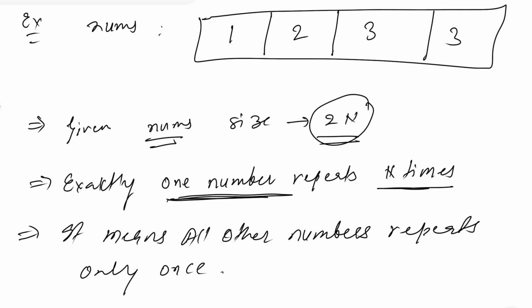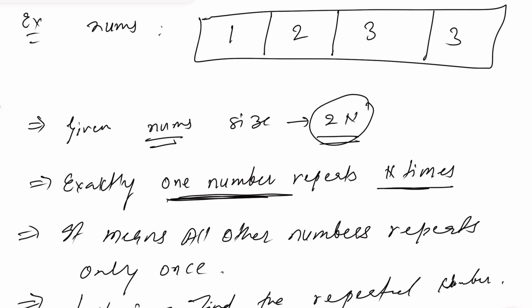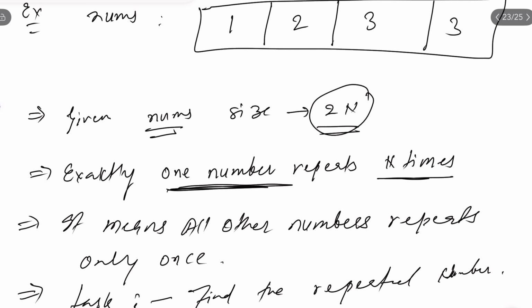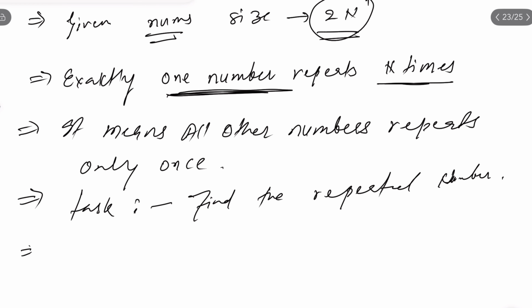Now can we say that our task is to find the repeated number? Here what you have to understand is there is no trick, it's very simple. Are there edge cases? No edge case.